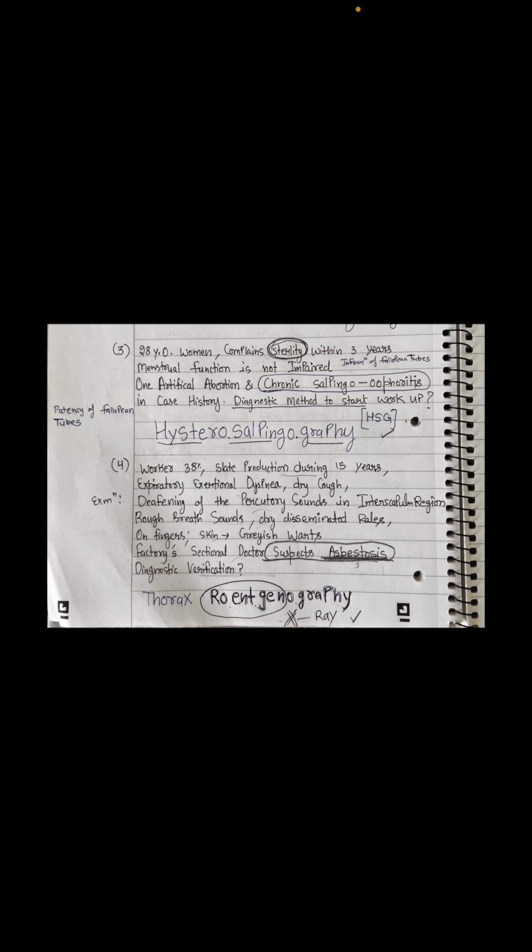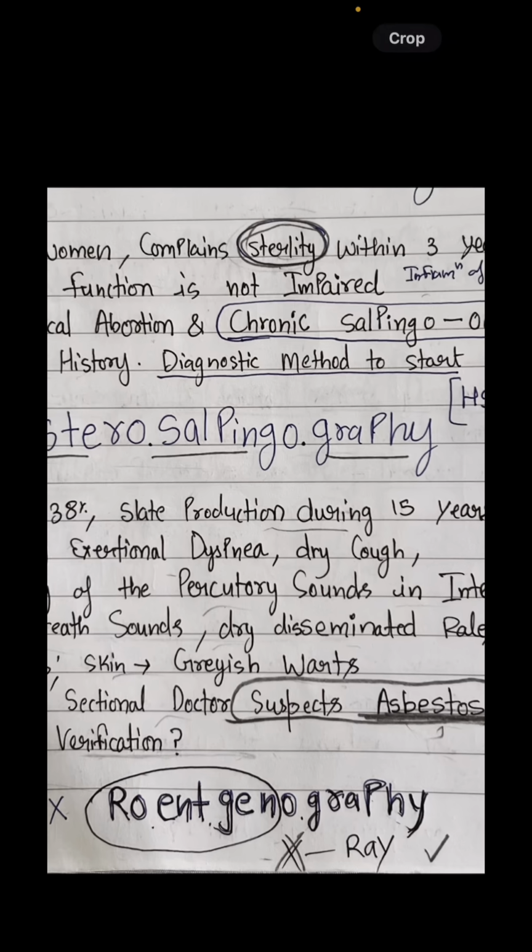Next patient is complaining about sterility within the 3 years. So the patient is complaining about sterility, or infertility, we can say. So she's having problems with pregnancy. She had one artificial abortion. Her menstrual function is fine, not impaired.